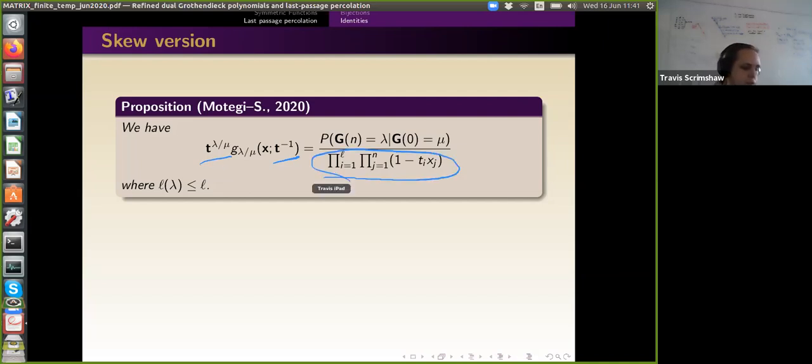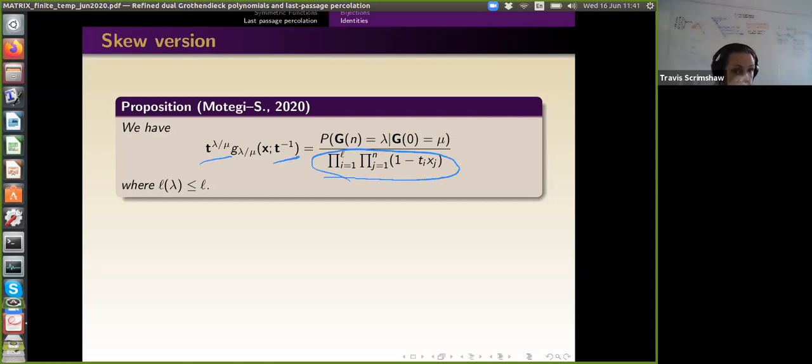And then you have this normalization factor that just comes from all of the entries for the geometric distribution have this leading term out there that we just have to normalize out by.